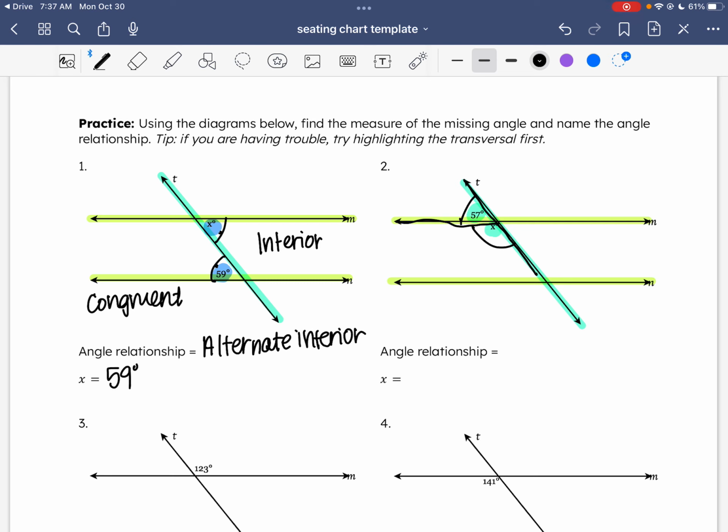So to find x, we're going to subtract 57 from 180. So we're going to say 180 minus 57, and we get 123. So our angle relationship is linear pair, and our angle measure is 123.